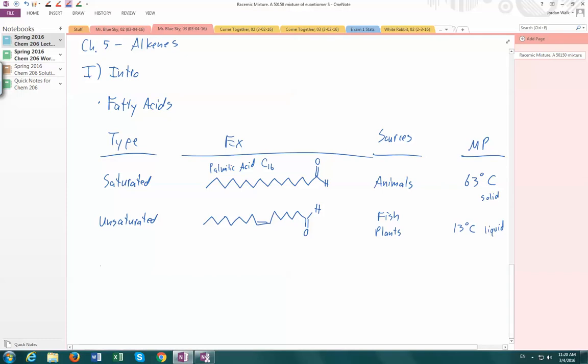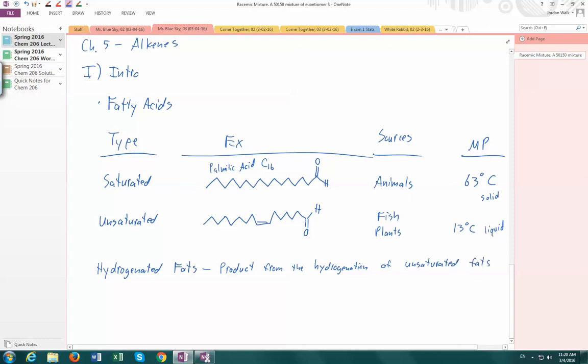So what we create are hydrogenated fats, which you've probably heard of as not being particularly good health-wise. And we can talk about why that's the case. So hydrogenated fats are the product from the hydrogenation of unsaturated fats.